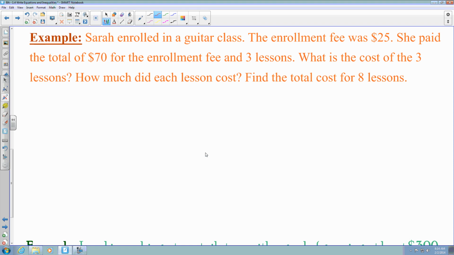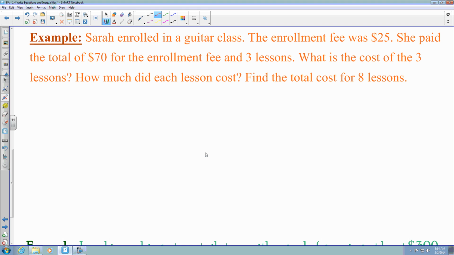So essentially they're asking us 3 things. They want to know how much 3 sessions cost, how much 1 session costs, and how much 8 sessions cost. So in order to do that, we need to find how much at least 1 session costs. So let's write out an equation to help us solve this.